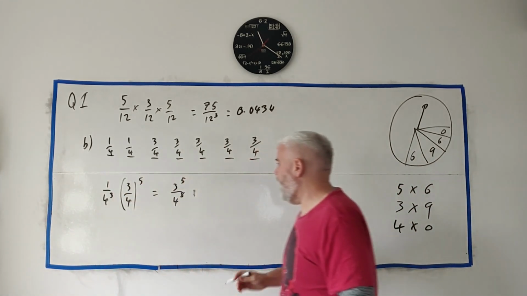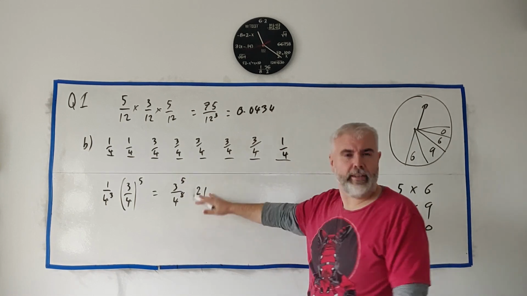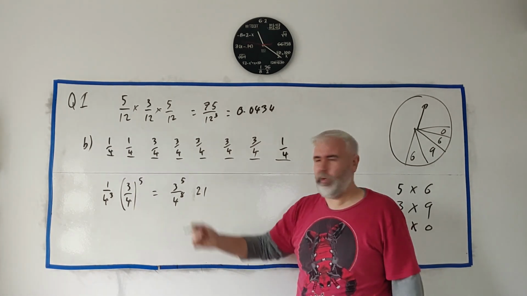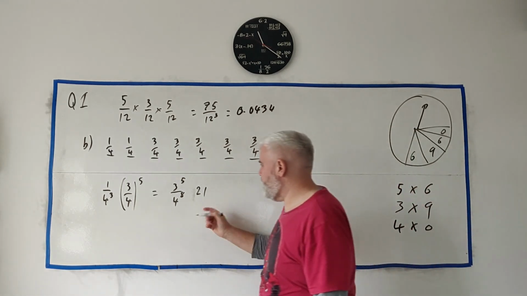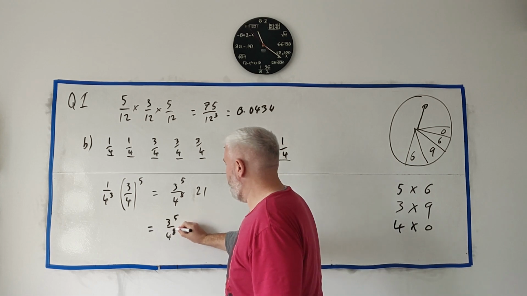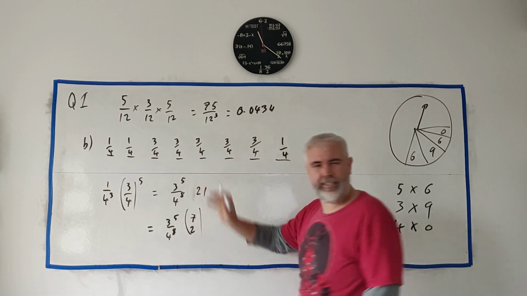You could count that in your head if you want. That means the probability is this number multiplied by 21, and that'll give you your full marks. You don't have to count 21. If this number was like a million, you couldn't have done that. So this is also, let's say, 3 to the power 5 over 4 to the power of 8. It's 7 choose 2, because that's what you're doing there.